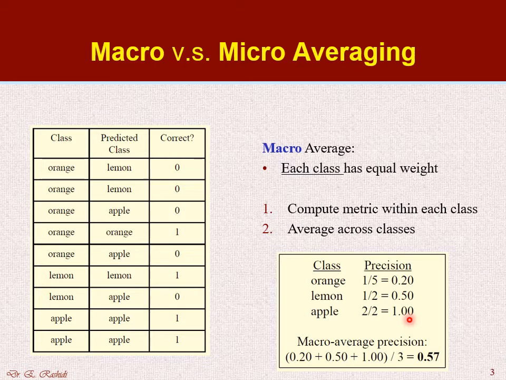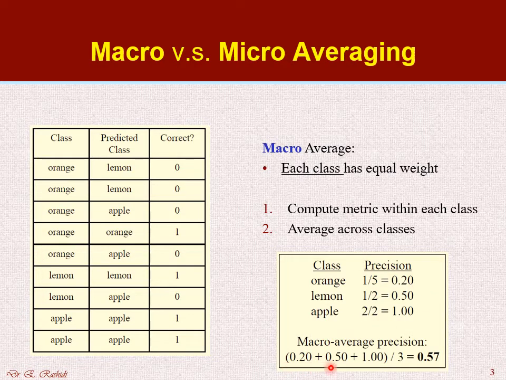So now we find the macro average over these results. The macro averaging would be 20%, the precision for the first class, plus 50%, the precision for the second class, plus 100%, the precision for the third class, apple. They get equal weight, although we have 5 instances of oranges, 2 instances of lemon, and 2 instances of apples.